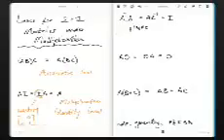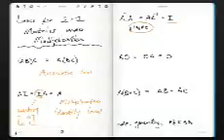So A to the minus 1. The inverse of A times A is equal to A times the inverse, which is equal to our identity matrix. Now, this is only true if the determinant of A is not equal to 0.